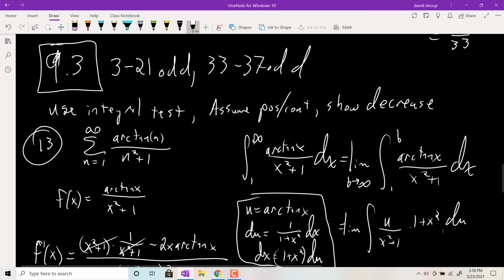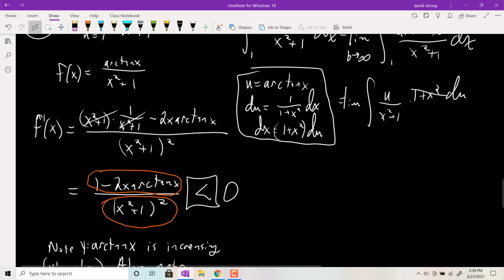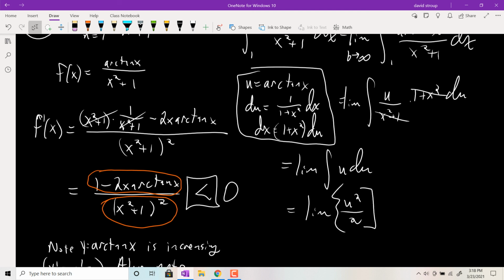You see the nice cancellation. It's just going to leave us with something in terms of u. So we have the limit of the integral of u du, and we don't know what the limits are because we're in terms of u. So just go ahead and integrate that. So the limit of u squared over 2, remind yourself to evaluate.